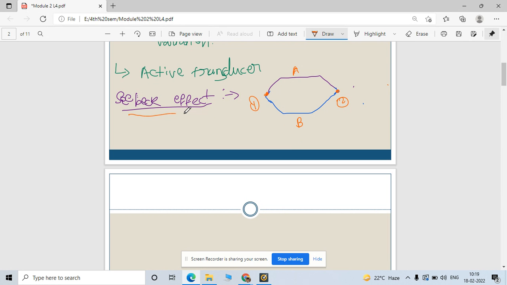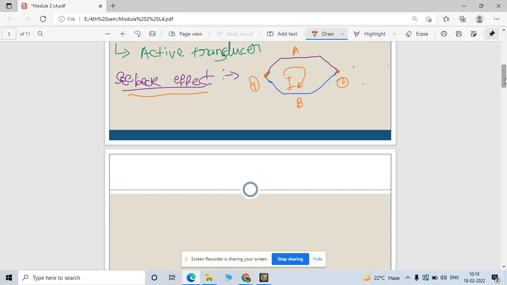Now, the Seebeck effect is the same as I explained. Due to the temperature difference between these two metals, a circulating current flows within the circuit. This is explained by the Seebeck effect. And why this circulating current is flowing in that circuit is explained by the Peltier effect.